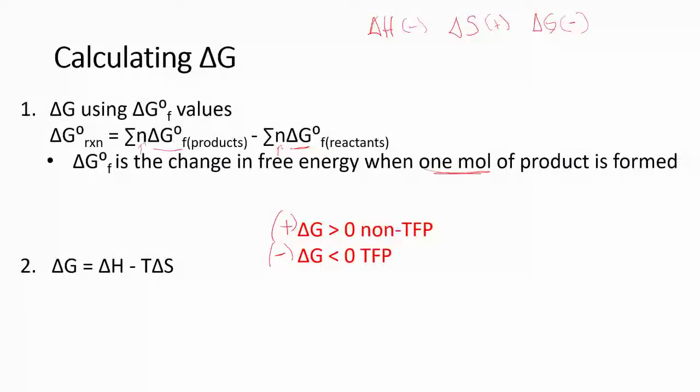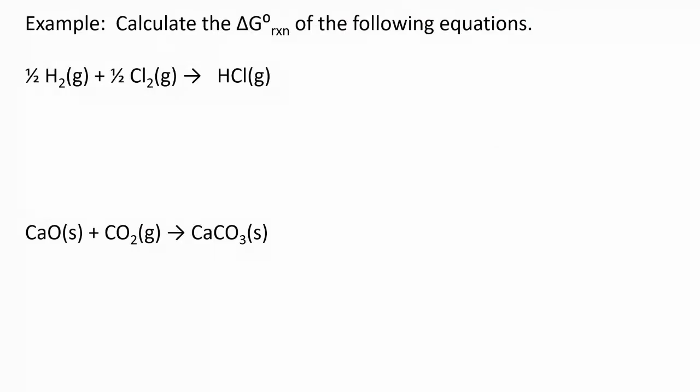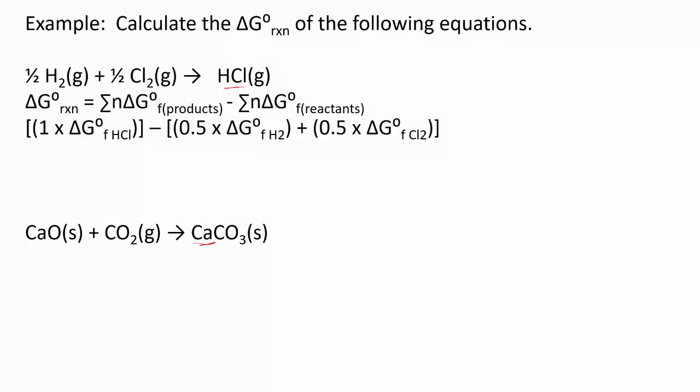So here we go. Let's calculate the delta G of the following equations. We have 1 mole of product here, so our formula is the same, and we're going to go to our reference tables and look up the delta G values.